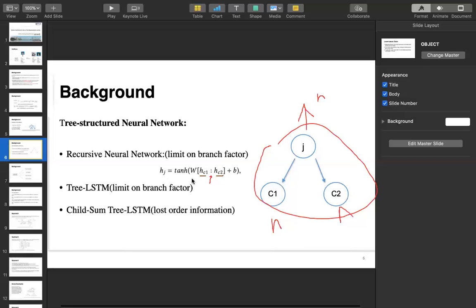And the choice is that you just add all the children together. Yeah, they're all added together, but the point is that the order is not considered. Yes, just because the order information is lost by the sum operation. Okay, keep going.